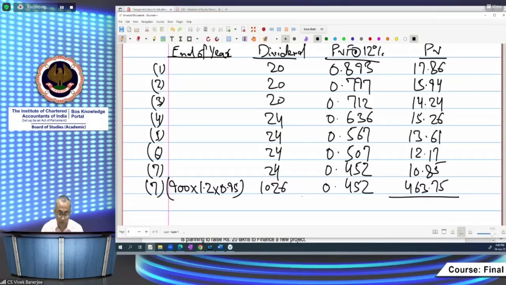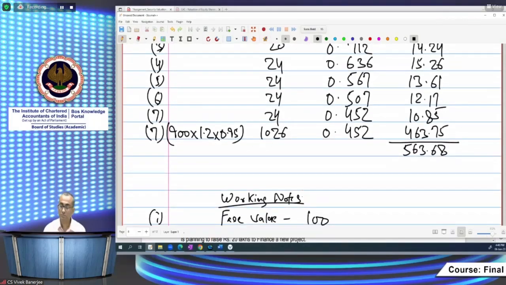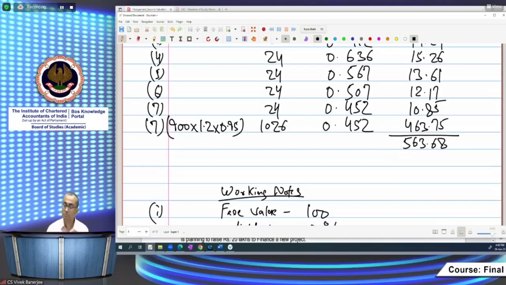It is coming to 563.68. So this is actually the present value. What is the question asked? Whether you should buy the shares or not.